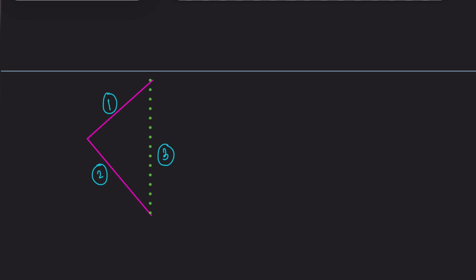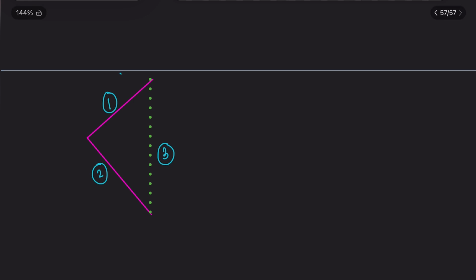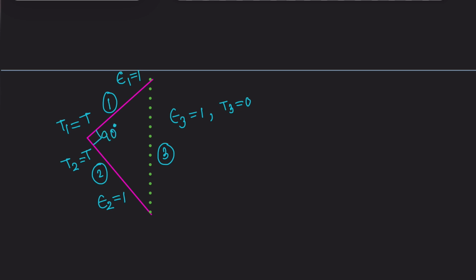I will write the properties: epsilon 1 equal to 1, epsilon 3 is equal to 1, epsilon 2 is equal to 1. This is having a temperature T, this is also having a temperature T, but T3 is equal to 0. T1 is equal to T and T2 equal to T. Fine. And this angle is 90 degree.